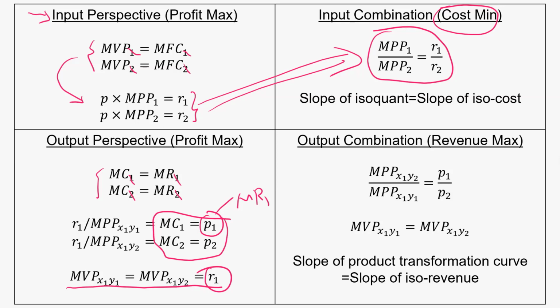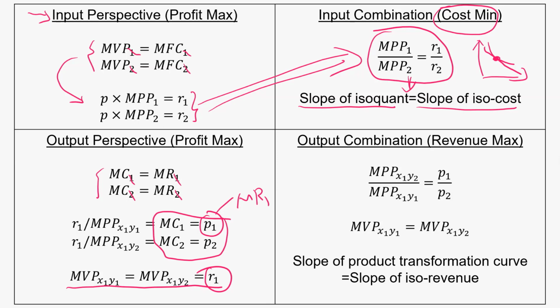And I do want to mention that if you translate this condition into economics, graphically it means that the slope of the isoquant equals the slope of the isocost. I believe you have seen this before: this is the isoquant and this is the isocost, and that point will be your cost minimization point.